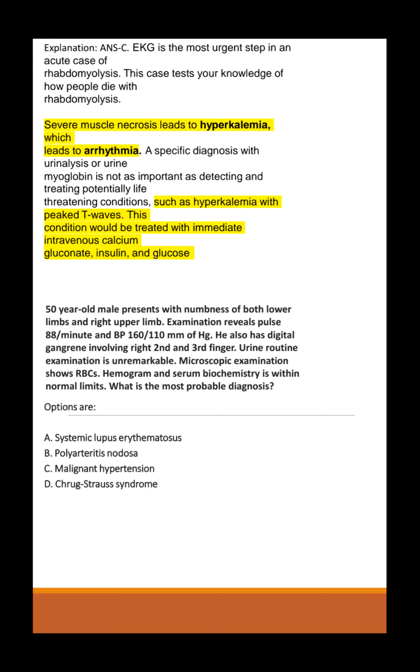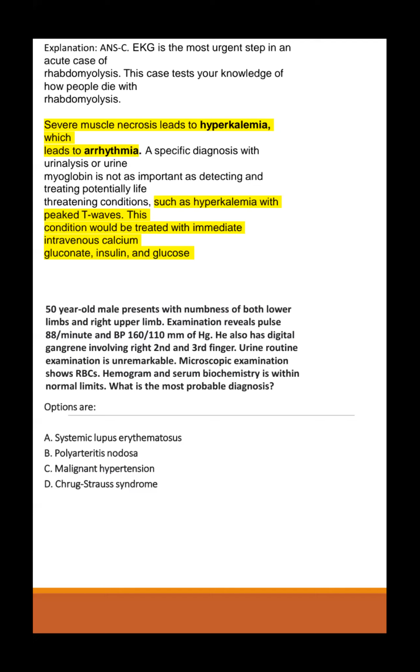Dr. Sajma, what is the answer? Ma'am, I think the answer is D, Churg-Strauss syndrome, because there is numbness of the hands and feet. That's why I'm thinking about Churg-Strauss syndrome, or it may be malignant hypertension, but that would be second due to the hypertension, but I'm not sure about it.